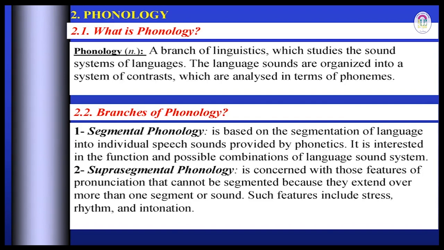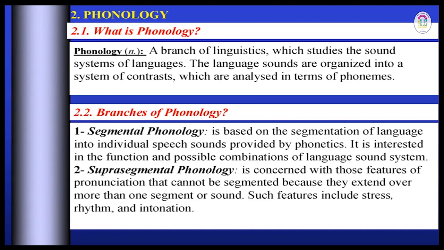Phonology comes from the ancient Greek phone, which means voice, and logi, from the word logos, that means word or speech. What is phonology? Phonology is a branch of linguistics which studies the sound systems of languages. The language sounds are organized into a sound system of contrasts, which are analyzed in terms of phonemes.